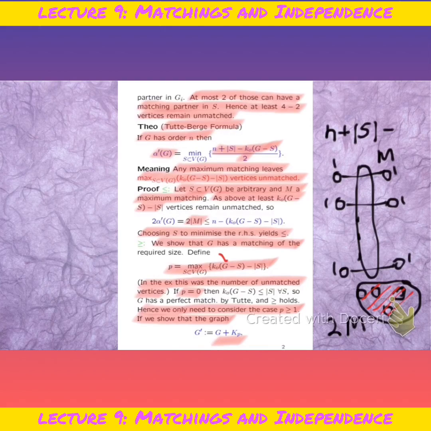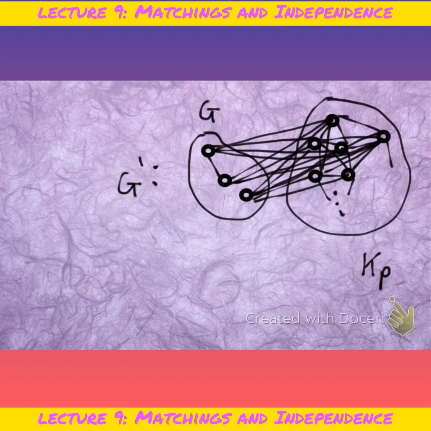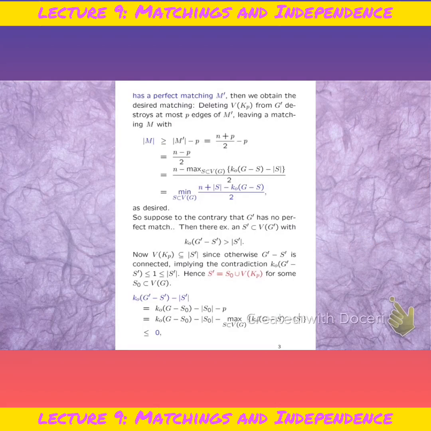Here's a quick illustration of the graph G prime. We take whatever G is and the complete graph K_P, and we join each vertex in G to each vertex in K_P. Now I'm going to show that this graph G prime has a perfect matching.